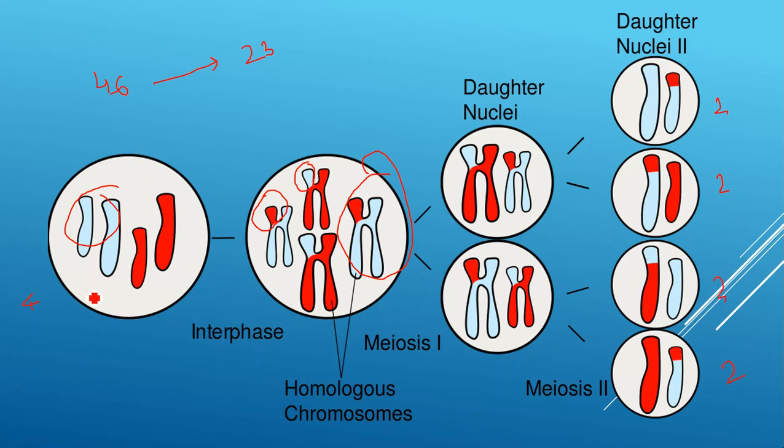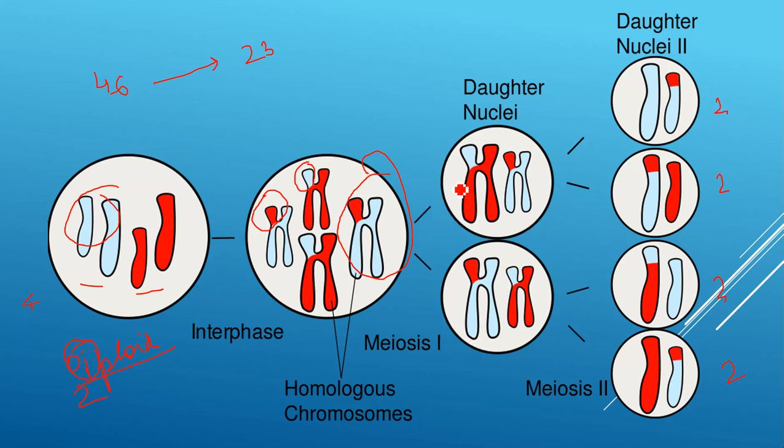And another point: if any chromosome is present in a pair, that means 2 sets. You can see the blue one is present in a pair, the red one is present in a pair. The condition is called diploid. Di means 2, ploid means set of chromosomes.